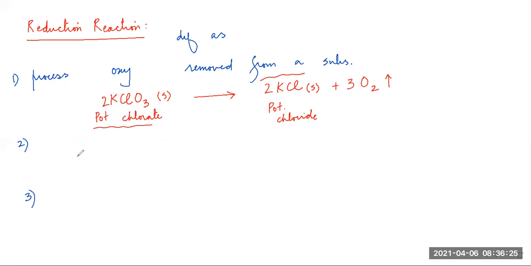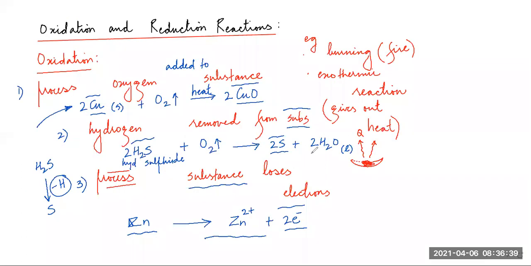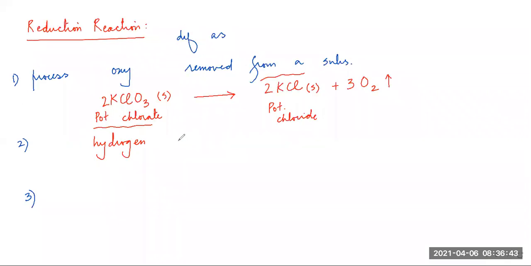Number two, a process in which, yes students, now again opposite. In the oxidation process, hydrogen would be removed from a substance. Opposite to this, hydrogen would be added to a substance.